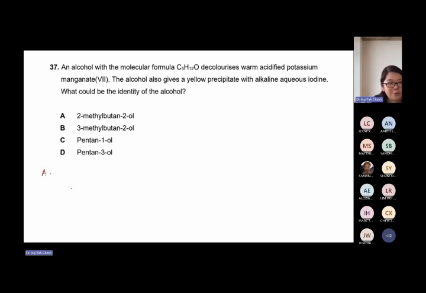A is 2-methylbutan-2-ol, 4-carbon chain. Just make sure that we draw it very quickly.